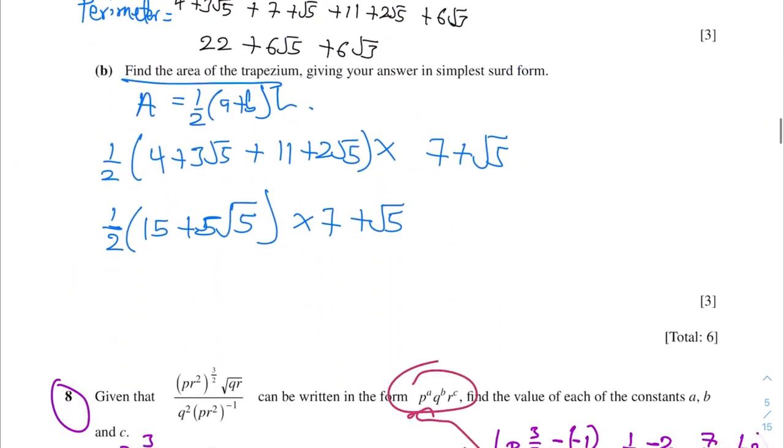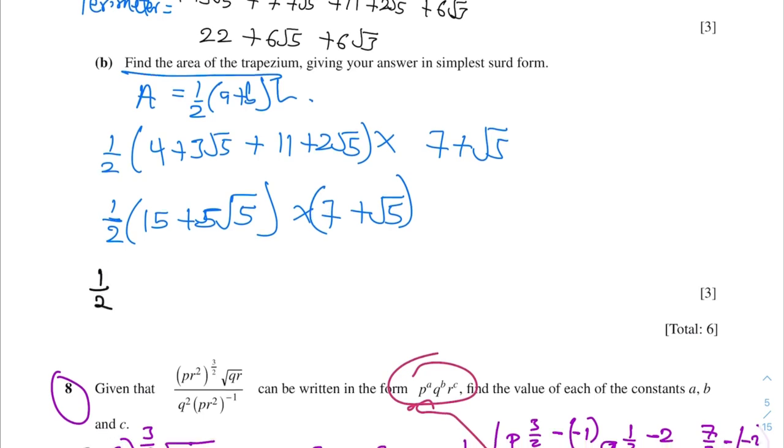If we want to go with our argument, I'm thinking of a better way. I think we should just multiply it out first, so that we have 15 times 7. You forget about the half for now. We'll use it later. So 15 times 7 will give us 105, and then plus 15 root 5.